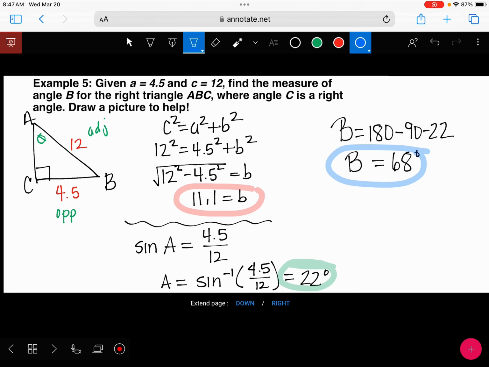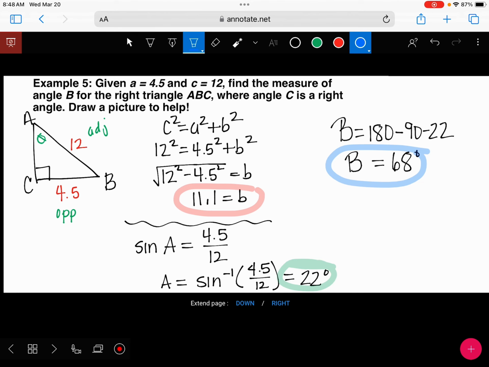So we had to do 12 squared equals 4.5 squared plus B squared. You weren't looking for little c. You weren't looking for the hypotenuse because they gave us the hypotenuse.